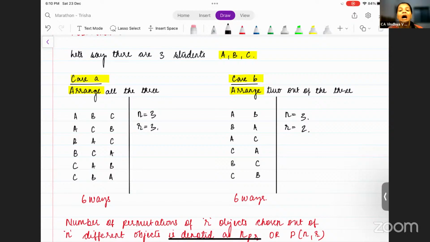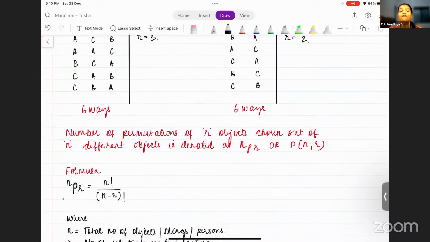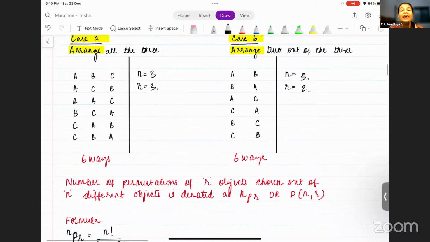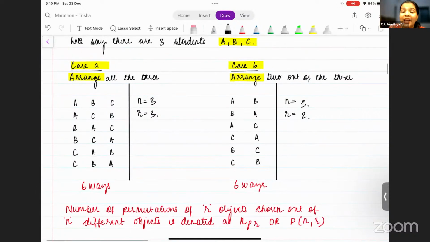What is this r? r is nothing but the number of people or things that we have considered for the arrangement. They are also called factors. Now, what have we done here? We have arranged r objects out of n different objects. Why n different objects? Because A, B, C are 3 different people.